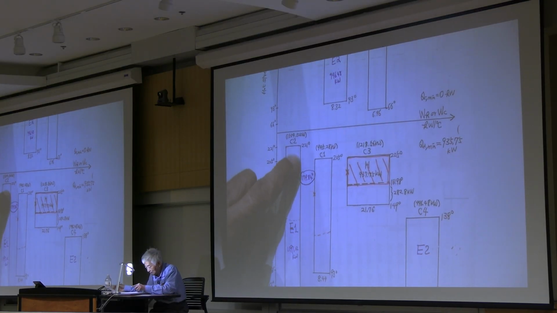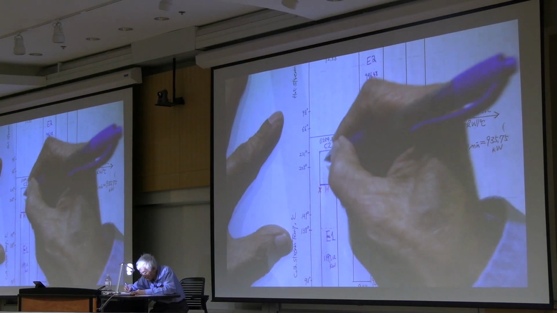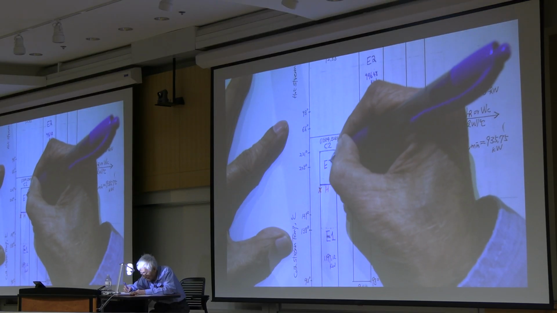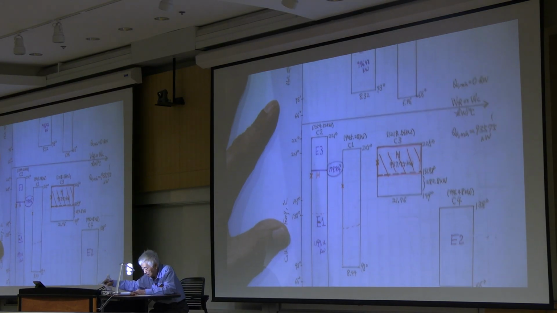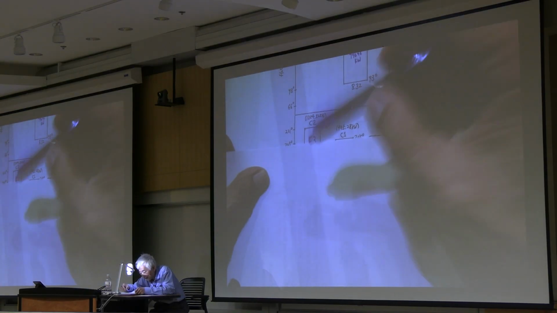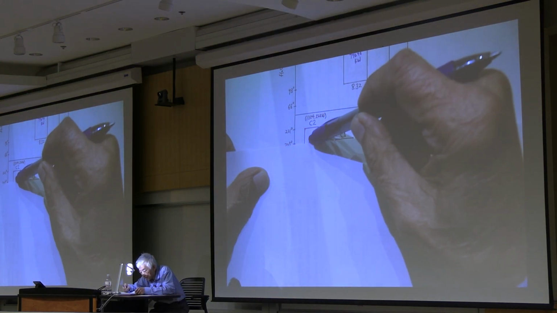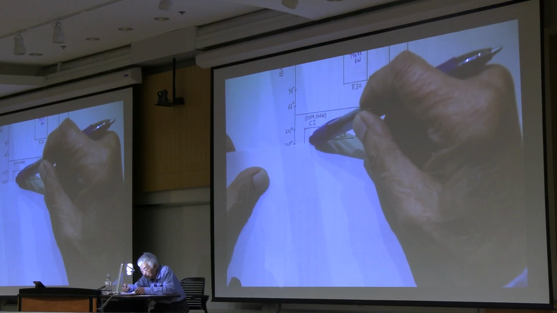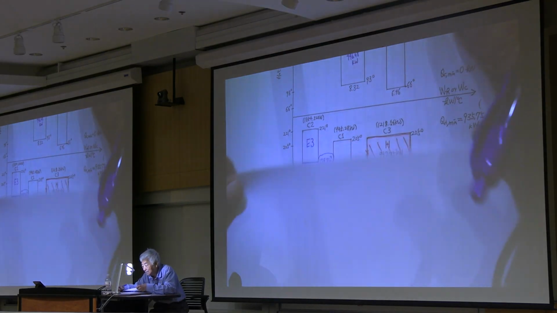Now, how about this block? This E3 is the highest temperature portion of cold stream.